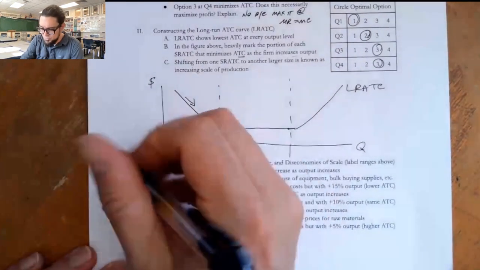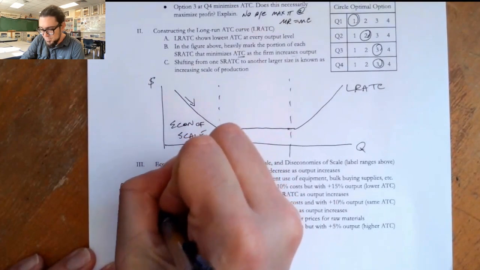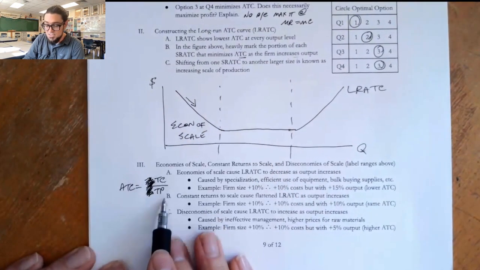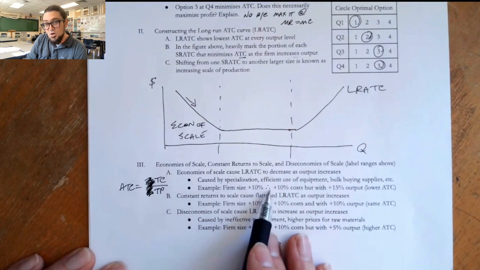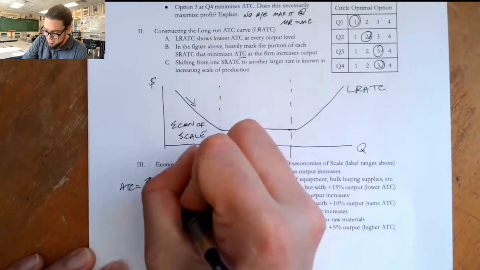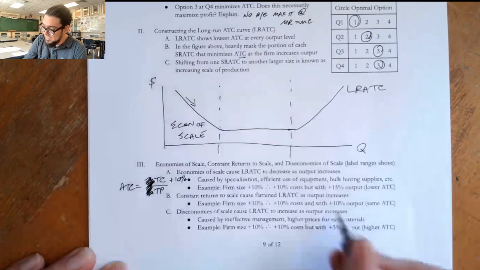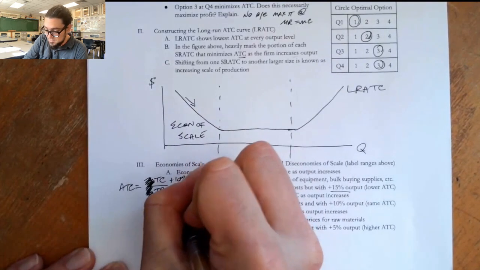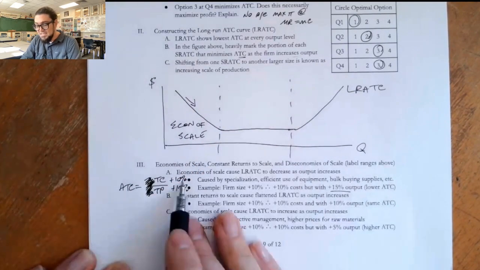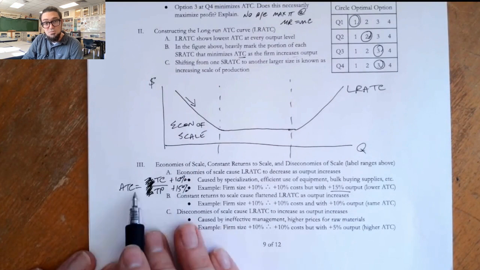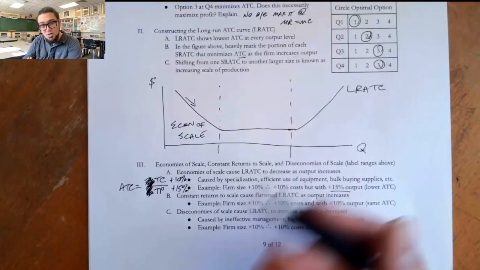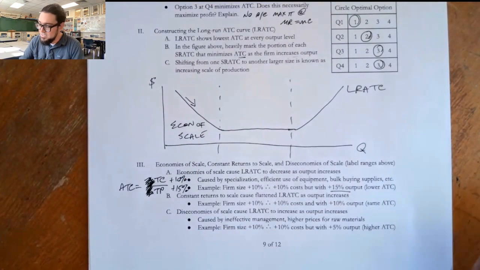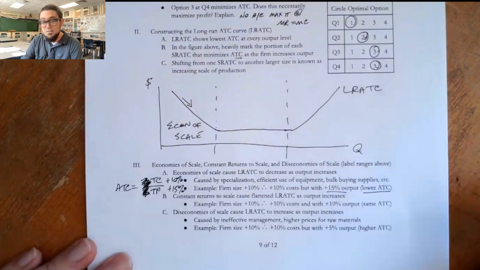So if your costs went up 10%, and your output went up 15%, well, then the ATC is going to get smaller as a result, right? The average is going to fall because your costs only went up 10, but your product went up 15. So it's causing LRATC to get lower.